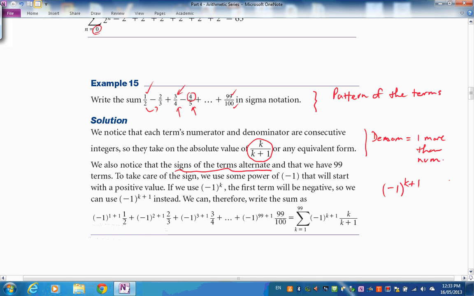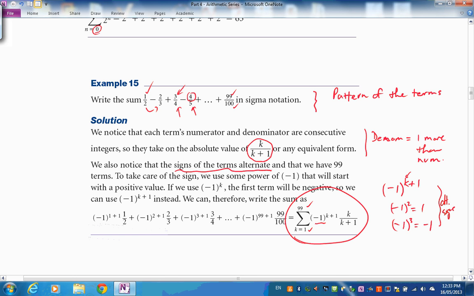Therefore, the first term, when you put in, let's say k is 1, this will be (-1) squared, which is a positive. Then the next one will be (-1) cubed, which is going to be a negative. So that produces the alternating signs going from positive to negative, etc. So what have we got? Here's our final answer. In k-land, k is going from 1 to 99.